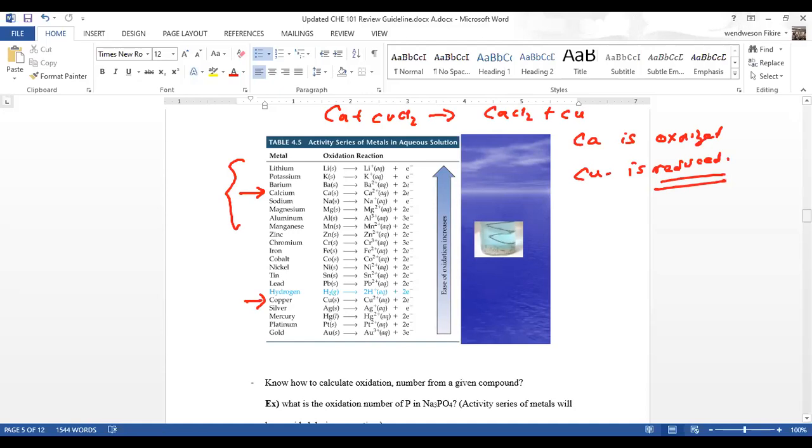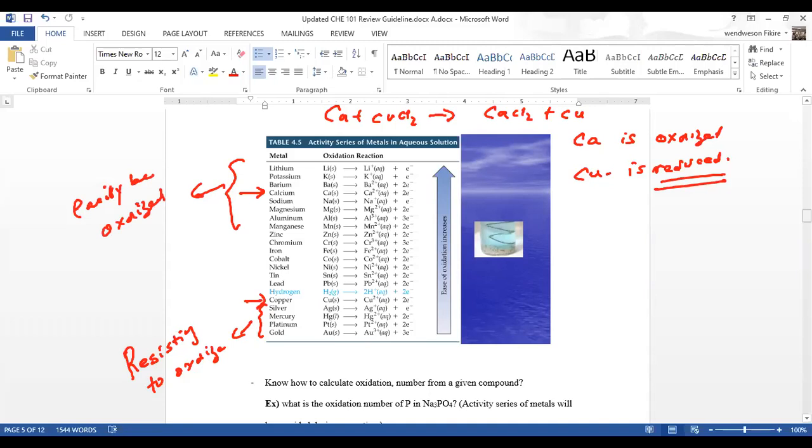This is because of the location: those elements at the bottom resist oxidation, while elements at the top are easily oxidized. They are very active. They can easily be consumed, easily lose electrons. The ones below are not easily oxidized and not easily losing electrons, so they tend toward the reduction process.